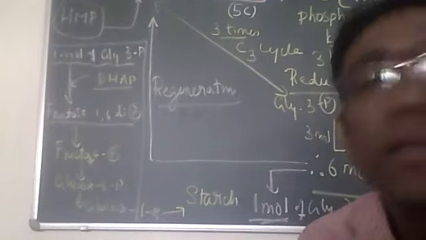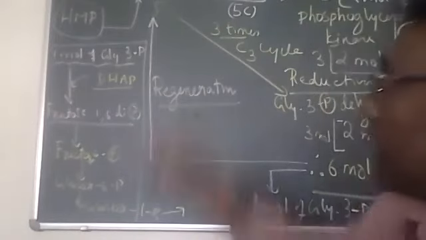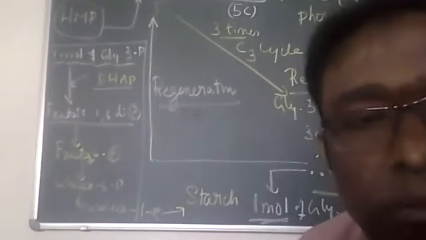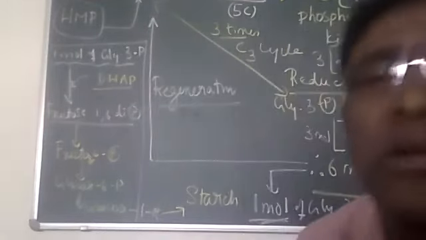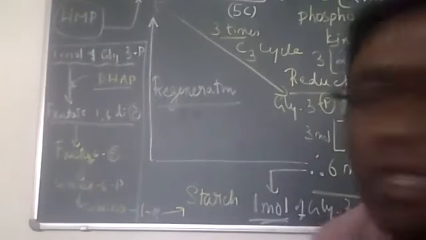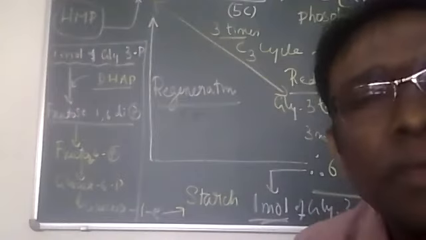Sir, when they ask to write the cycle in this manner, we have to write, sir? This way you should write, yes. 5 molecules regenerating ribulose 5-phosphate. Proper order, or should we write in cyclic manner only? Cyclic manner only you should write. Better. Whatever is written on the board, like this only you write. Use the full sheet.